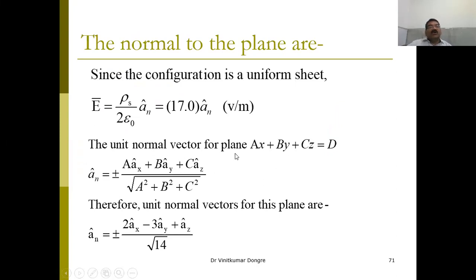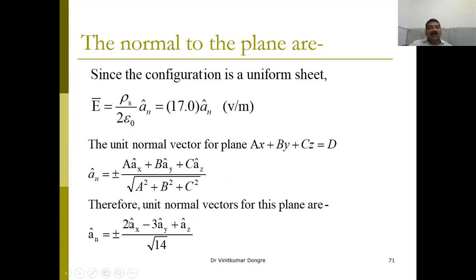The unit normal vector for a plane, suppose ax + by + cz = d, this is the plane formula, can be found by this formula. Therefore the unit normal vector for this plane is (2ax - 3ay + az) divided by the magnitude of this.